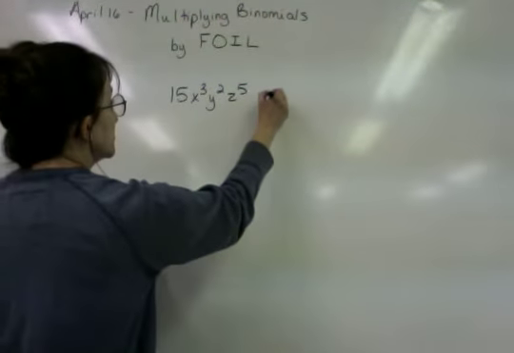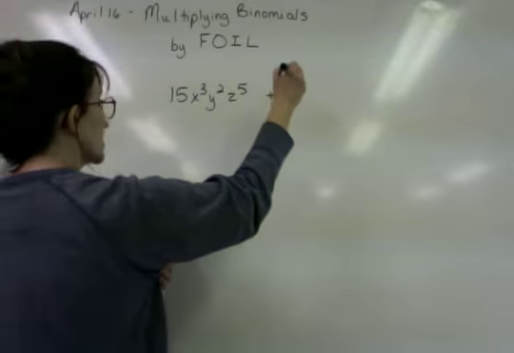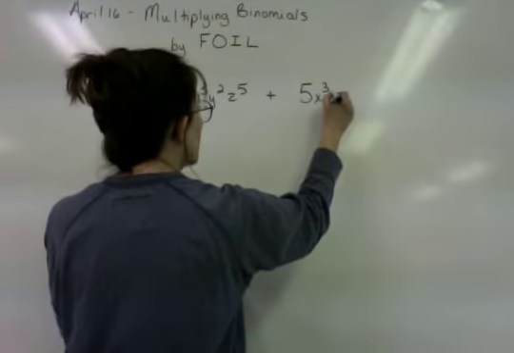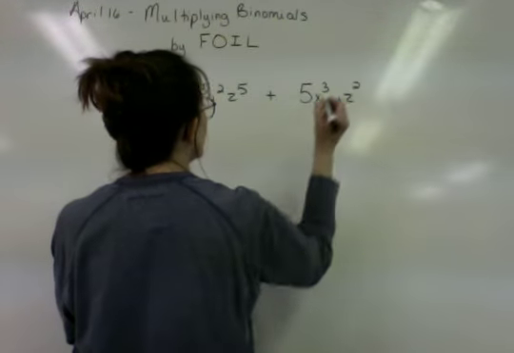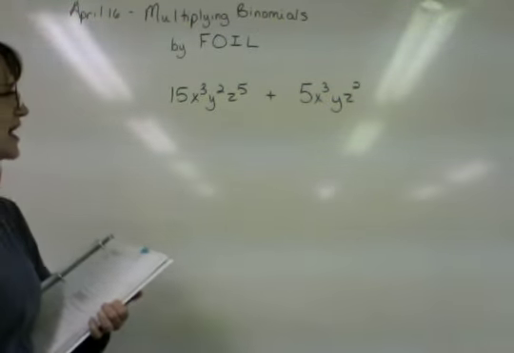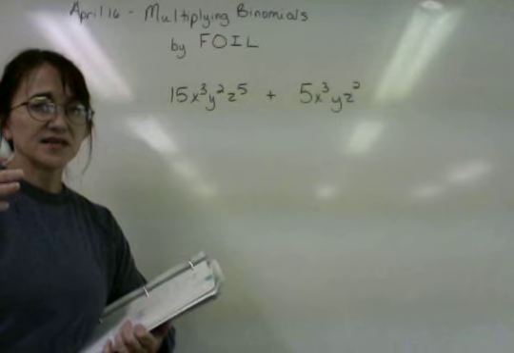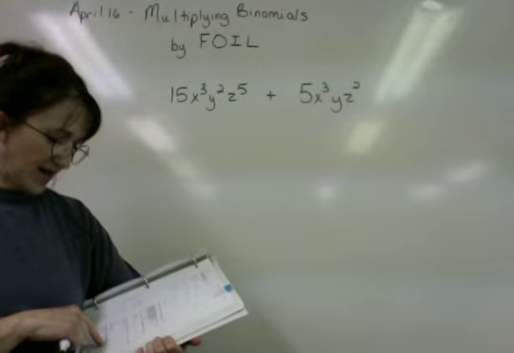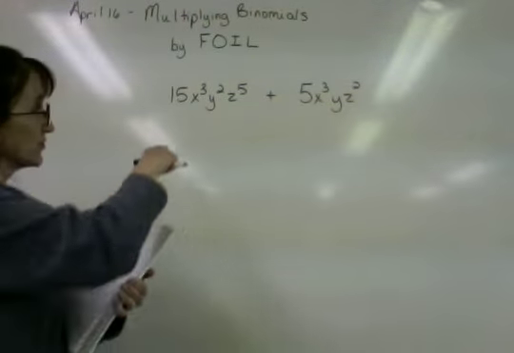And then we're also going to take 5x cubed and yz squared. And they want to know what's the binomial that I multiplied to 5x cubed yz squared in order to obtain this.